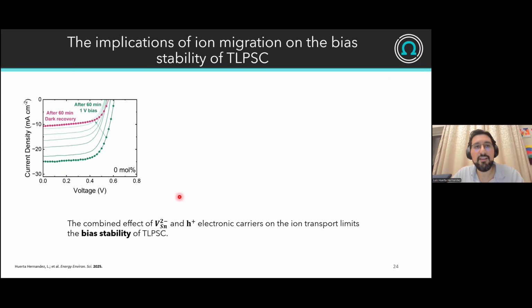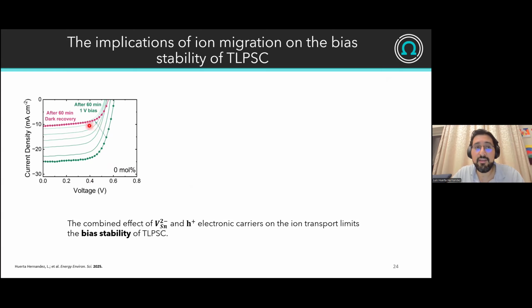And then finally, we also studied what implications this has for the bias stability of tin-lead perovskite solar cells. And what we found is that when you have a sample without tin fluoride and you bias it with 1 volt for 60 minutes, you see a really sharp decrease in the efficiency of the device. You lose a lot of the fill factor, you lose a lot of the JSC.